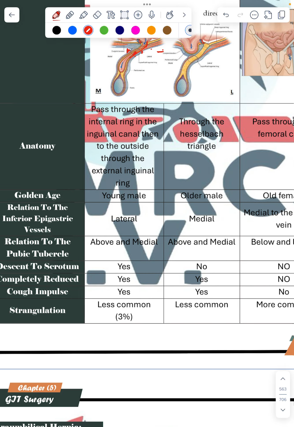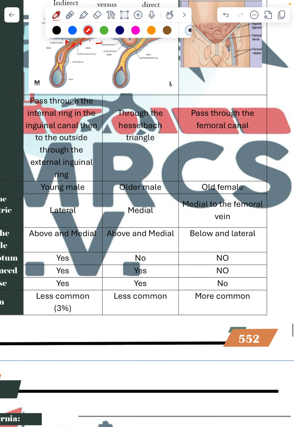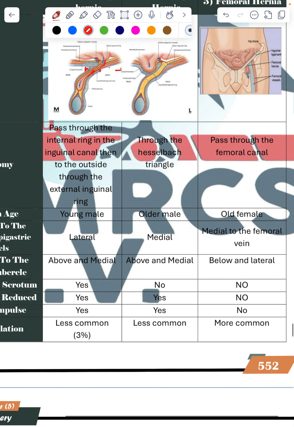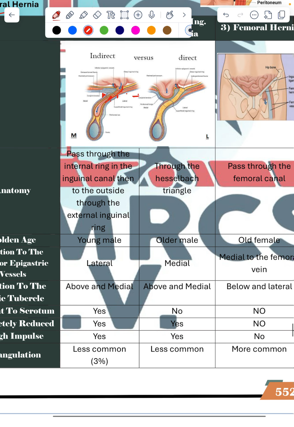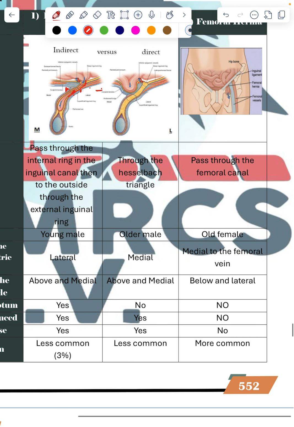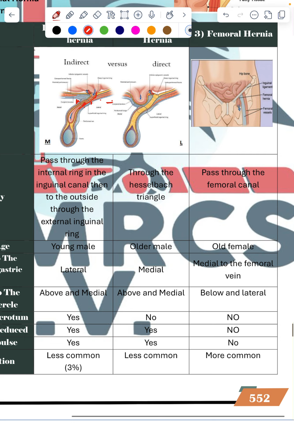So this is the direct, medial and above. It is always medial above, so medial and lateral. Through Hesselbach's triangle is direct, and the indirect goes through the deep ring to the inguinal ring. So here, in the direct hernia, the vessel is on the lateral side and the hernia is on the medial side.